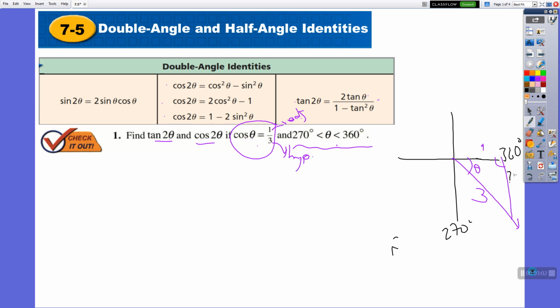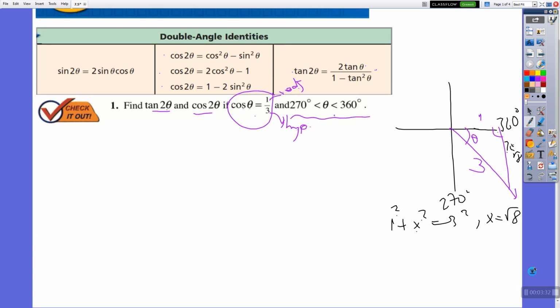So 1 squared plus, you don't know the opposite, x squared equals 3 squared. So as you perform the operations, you're going to find x as square root of 8. So our opposite side is square root of 8. So now you can talk about other trigonometric functions here.